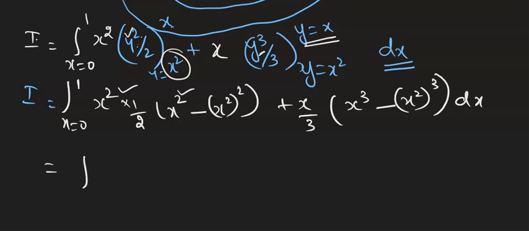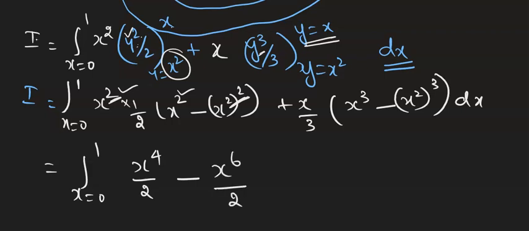So what I will do, I will add the power, still x power 4 by 2 minus, this is x power 2 into 2, 4, already 1 by 2 is there outside, x power 6 by 2. This 2 is common for both the terms. Plus x into x cube, which is nothing but x power 4 by 3, and then this minus is there outside.